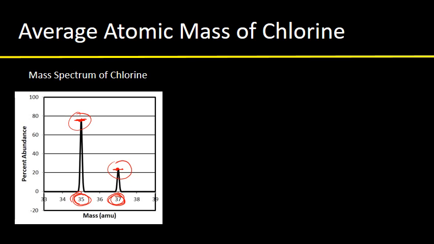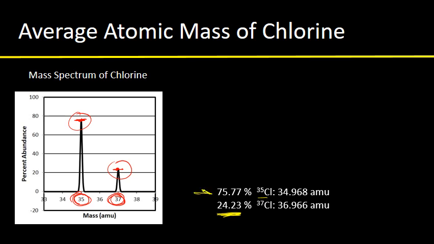Okay. Turns out for chlorine, we actually have really good data on this. And I want to go ahead and use data that goes out to 4 significant figures, because the data on the periodic table we're going to compare this to later also has 4 significant figures. So it turns out that the isotopic abundance of chlorine 35 is 75.77%, and for chlorine 37 it's 24.23%.